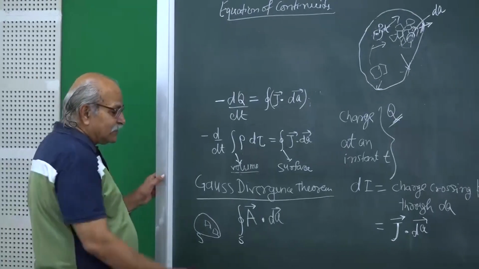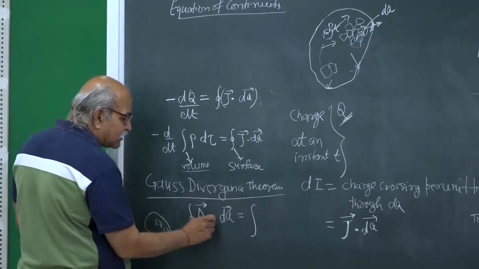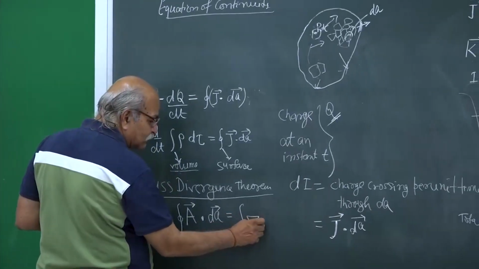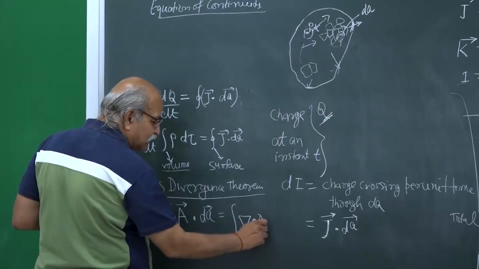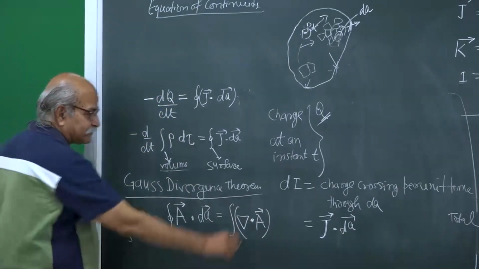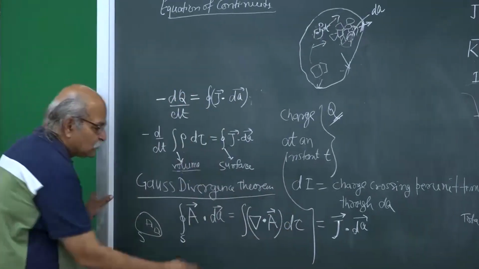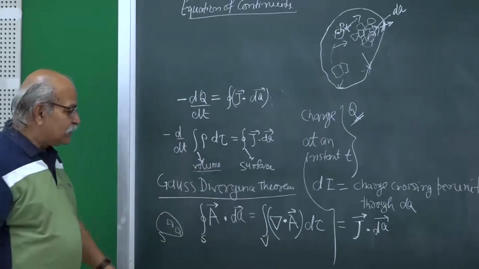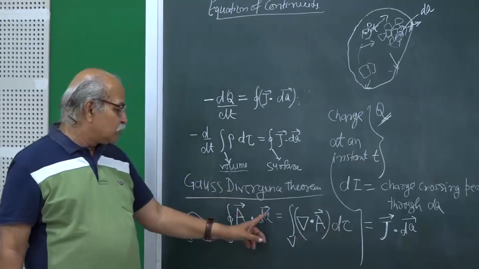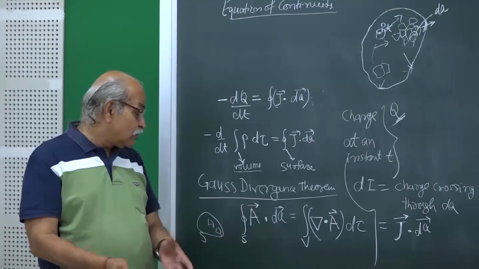And on the other side you write the divergence of A, the symbol we give it, and then d tau, the volume. This is to be integrated over a volume, and the other over the surface area enclosing that volume.